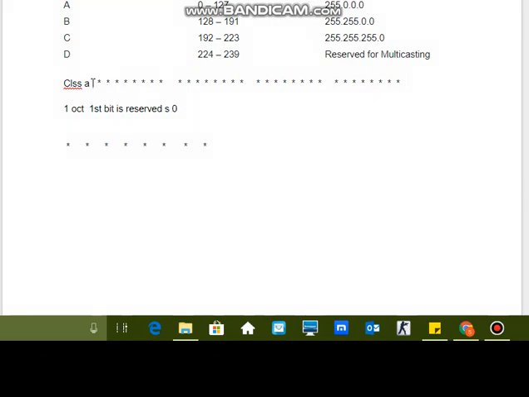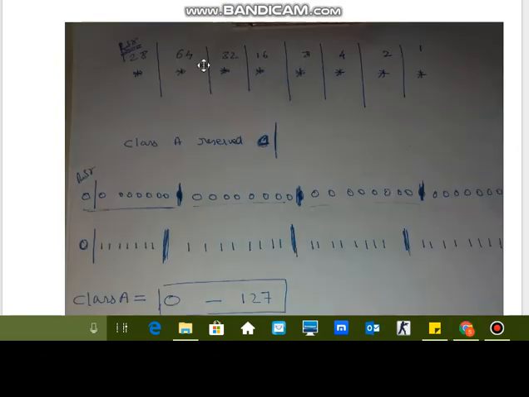So we'll take class A. In class A, the first octet's first bit is equal to 0. As per the theory, we will take the first octet of class A. The other 3 bytes are on the other side, so we need to focus on the first byte.